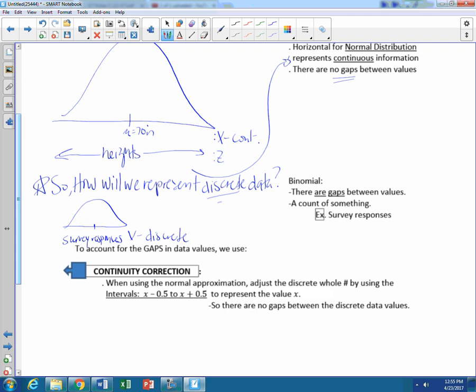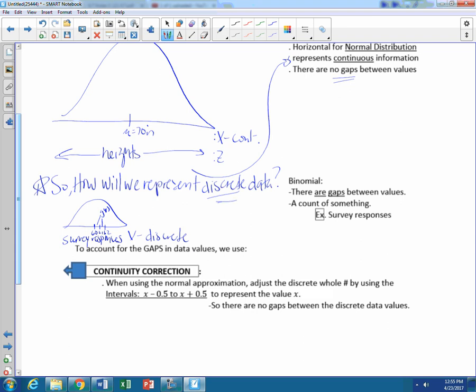And maybe we're at 60, but then the next one is we either got 60, 61, 62, and so on. But there are gaps between the data. There's not 60.5 survey responses. Someone either gave a response or they didn't.